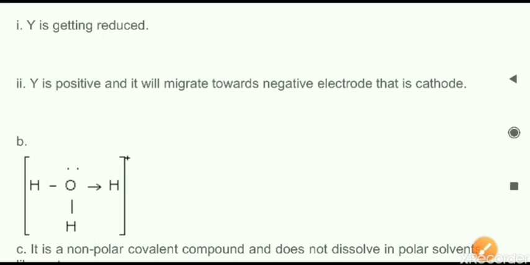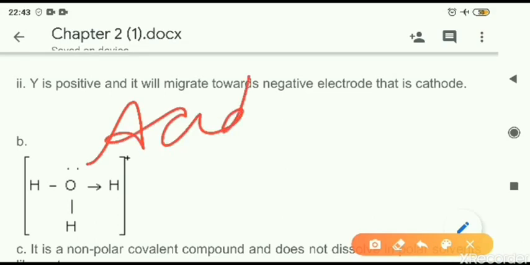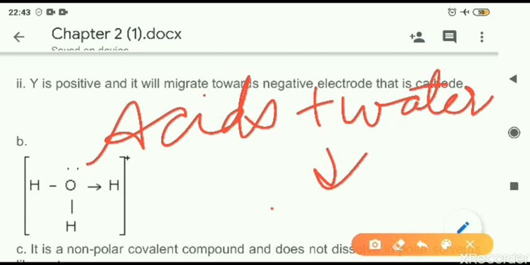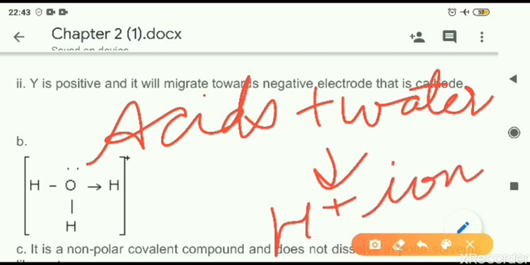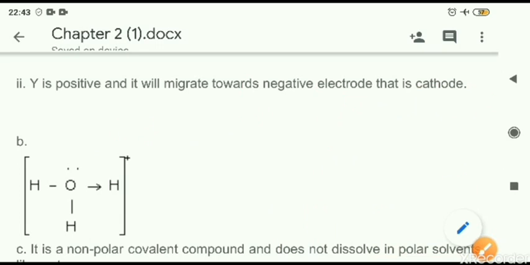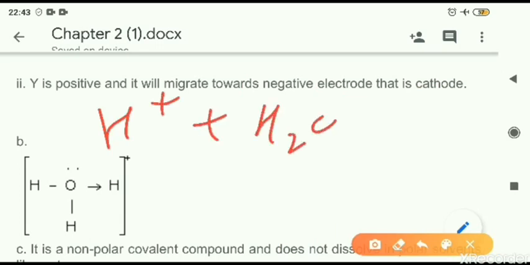In the class on coordinate bonds we have learned that when acid dissolves in water, it produces H plus ion. H plus ion is produced, that you have to remember. So here again we have to apply our knowledge. Acid dissolves in water and produces H plus ion, and we have to draw the structure of these positively charged particles. So what will form as a result? This H plus ion will combine with water, and what will form as a result?